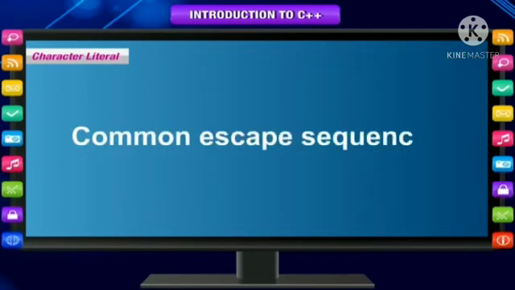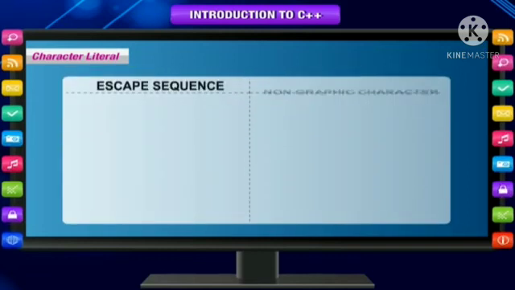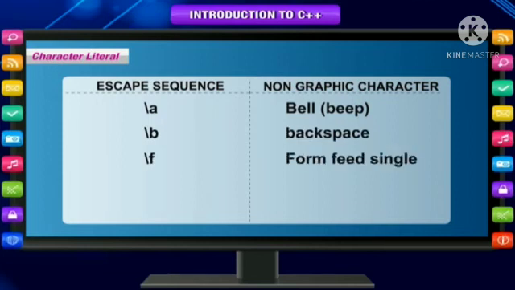Common escape sequences are given below.